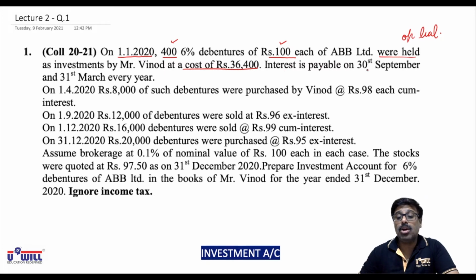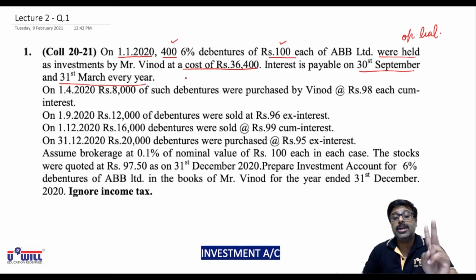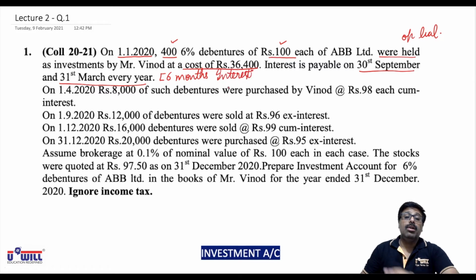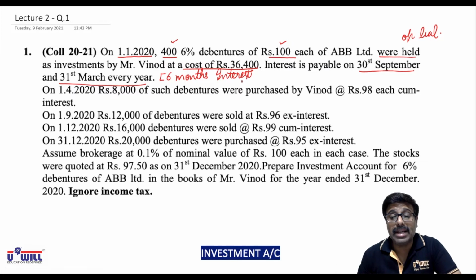Interest is payable on 30th September and 31st March every year. Since interest is paid 2 times every year, 6 months' interest will be received on the due date. If it is 1 time in a year, the full year's interest would be received on that due date.